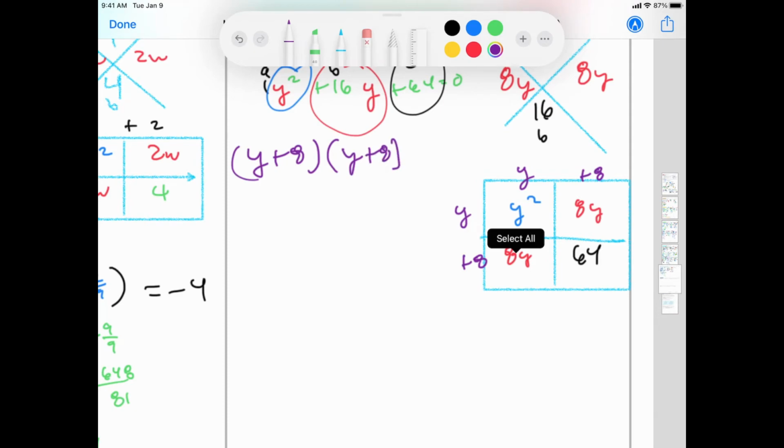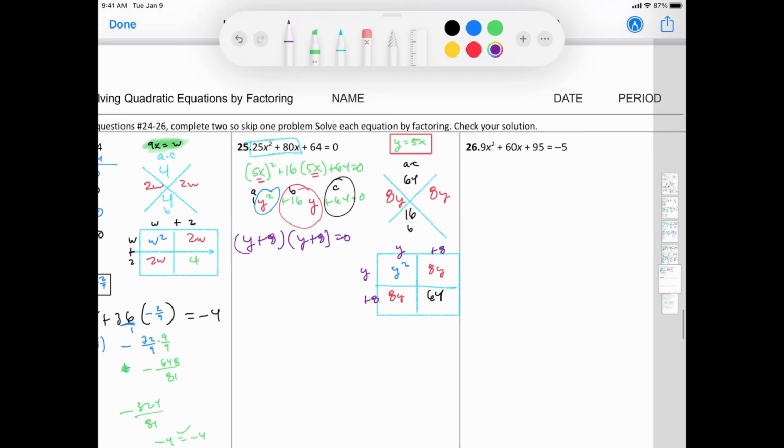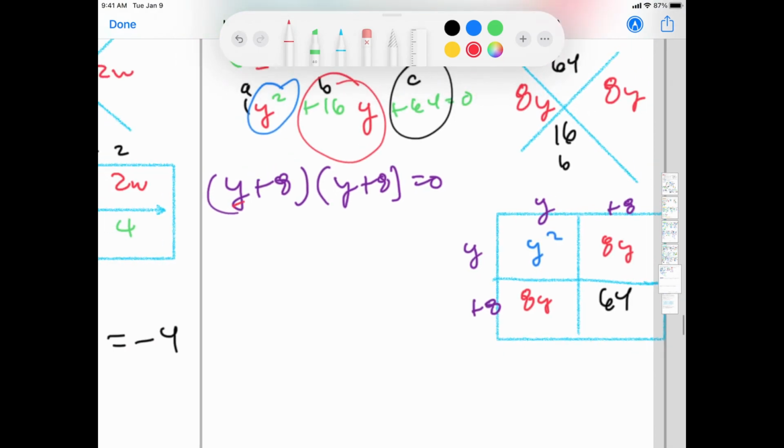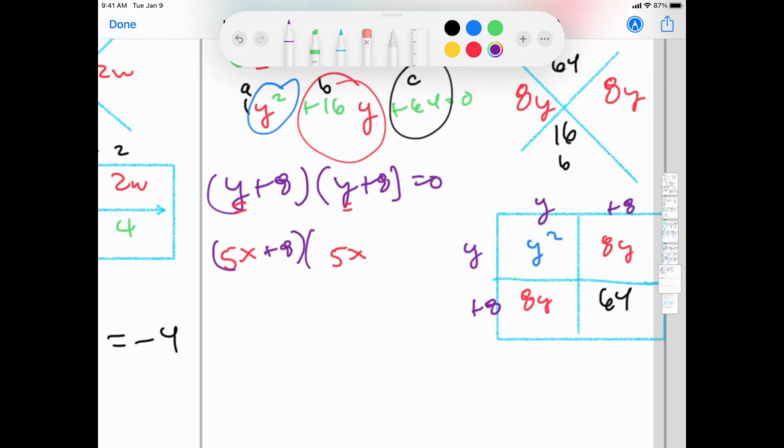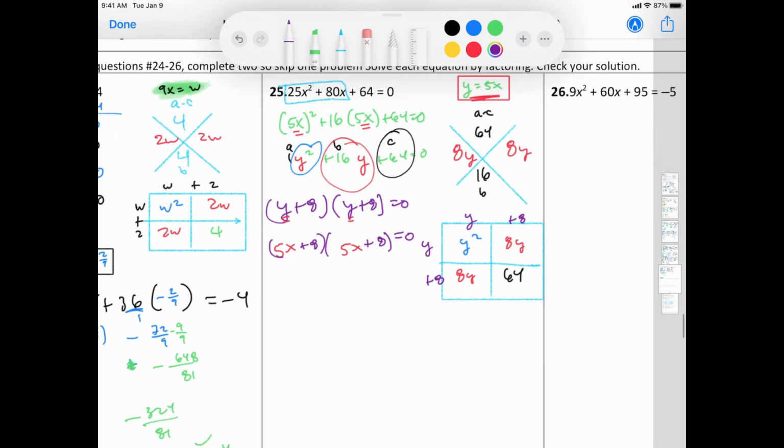Y plus 8 equals 0. And then every time I see y, I can write 5x. Now you could do this without the substitution. You're just working with super large numbers.